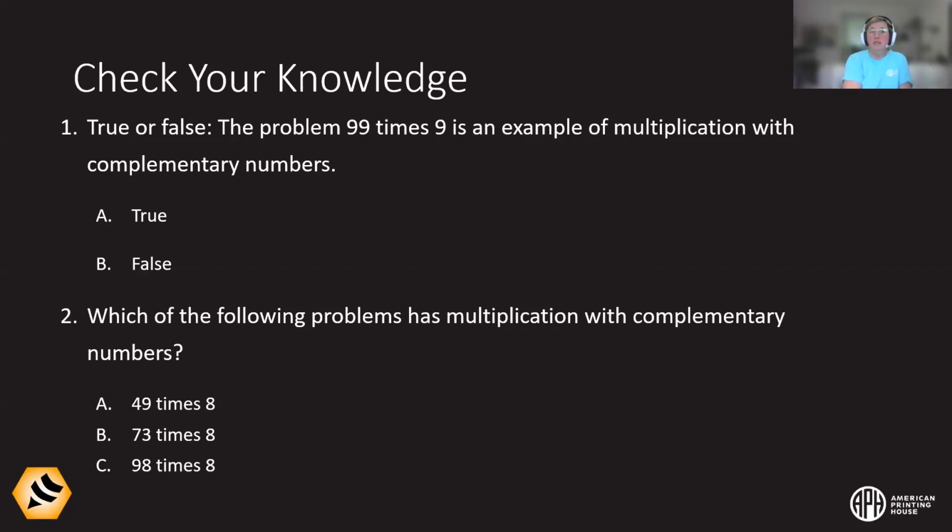And then which of the following problems has multiplication with complementary numbers? Is it 49 times 8, 73 times 8, or 98 times 8?